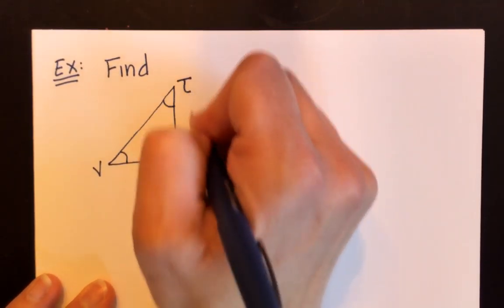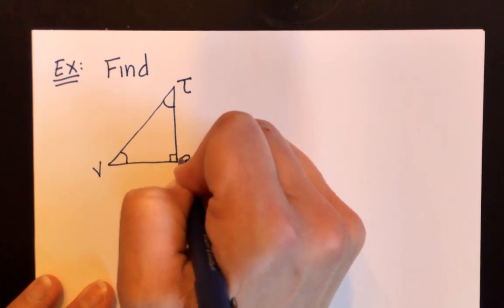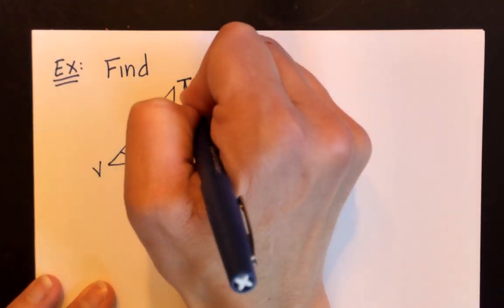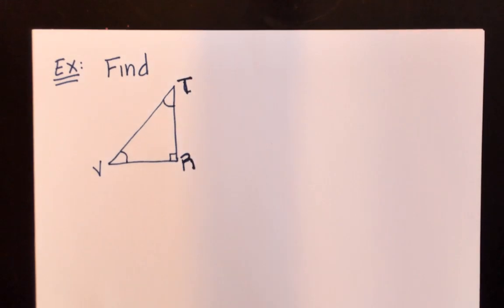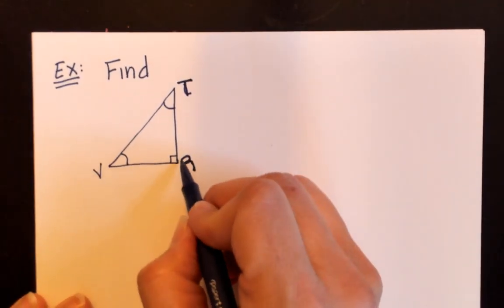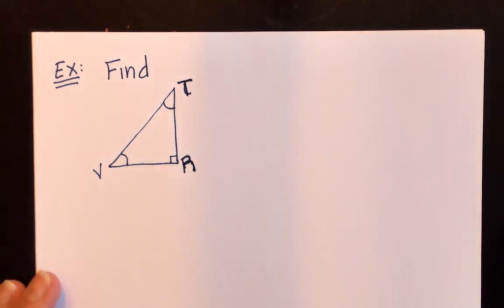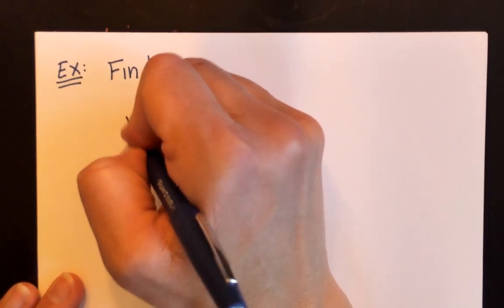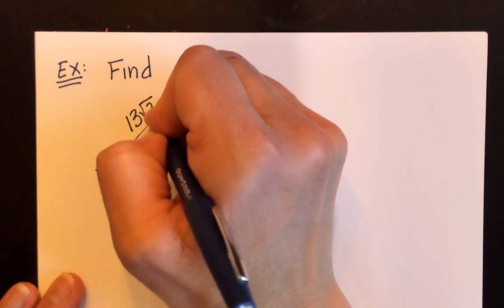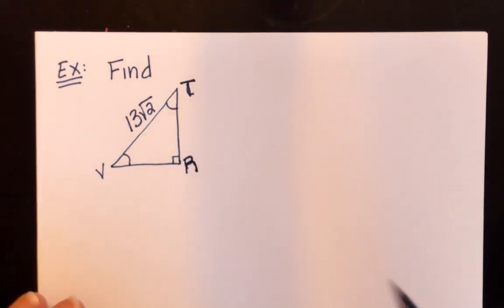It should be capital. So VRNT. And we're going to make this guy 13 radical 2.